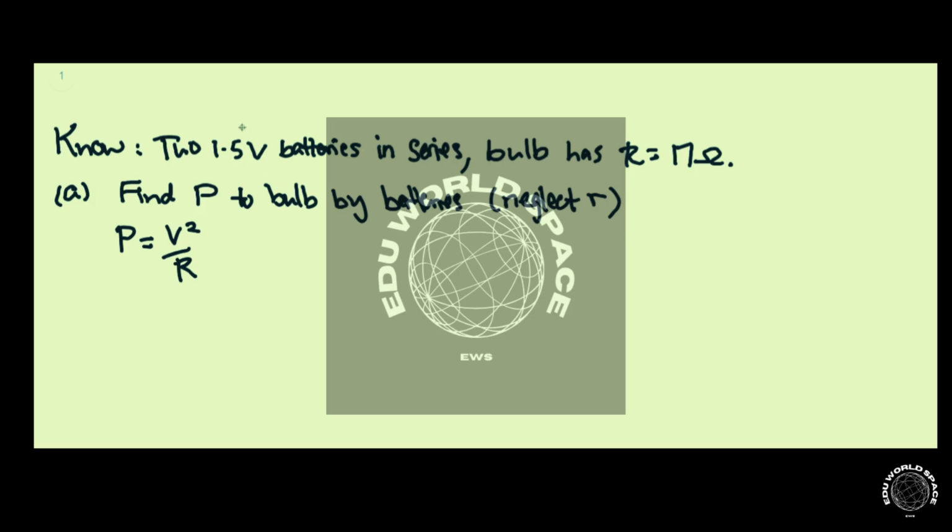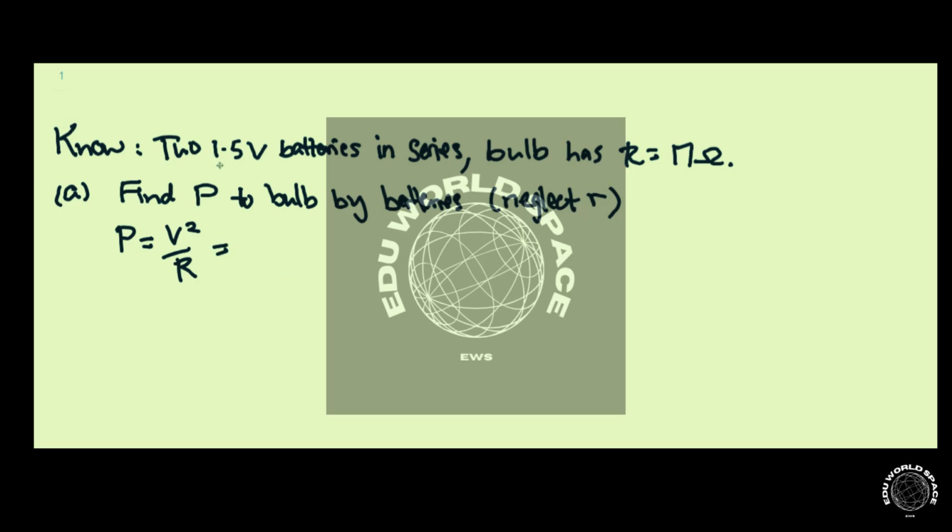So right away, we can use the equation P is equal to V squared over R, since we have the EMF of the batteries, and if we ignore the resistance, then this is also the terminal voltage, so we can use it directly in here, and we're given the resistance.